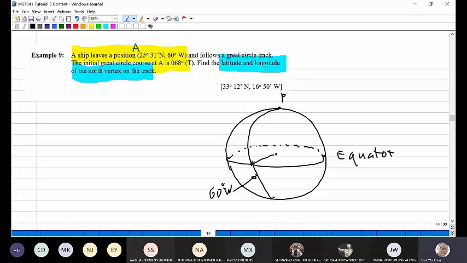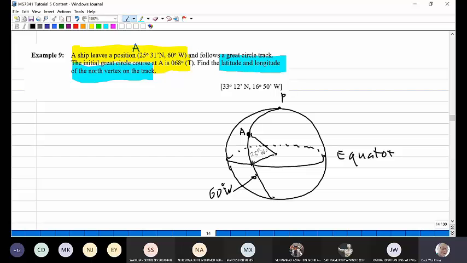Then you go look at this point A. This point is A now. The angle from the center of the Earth is 25°, 31 minutes. So let me use a title. 25°, 31 minutes.